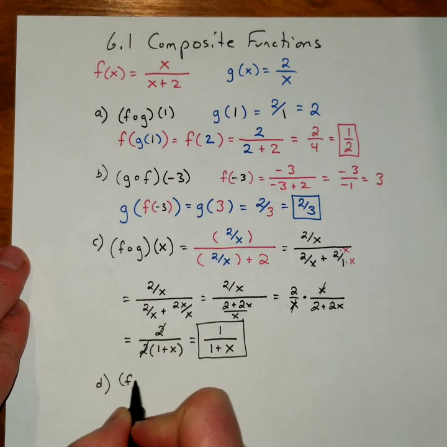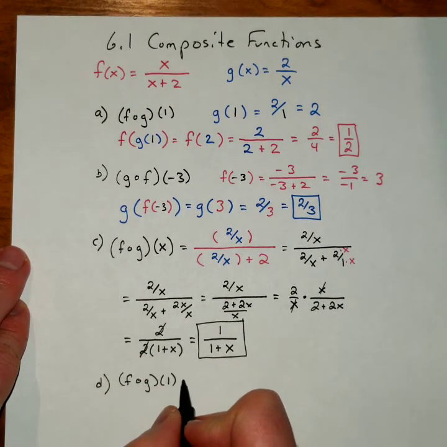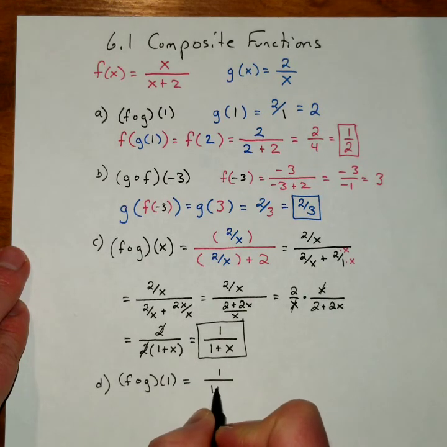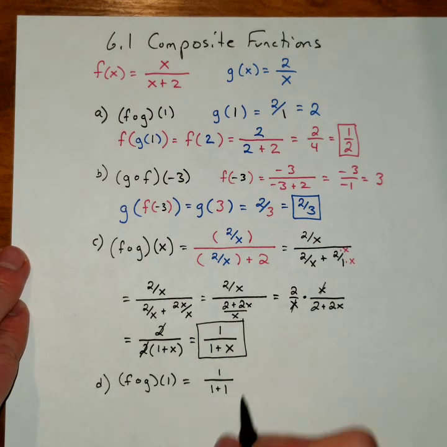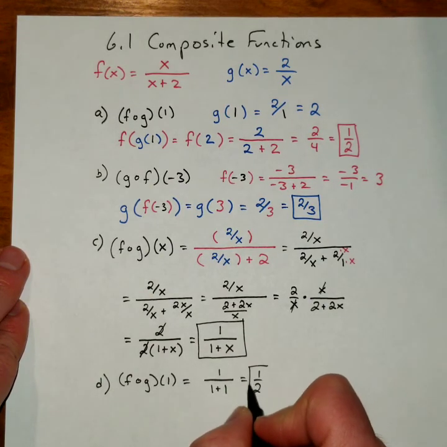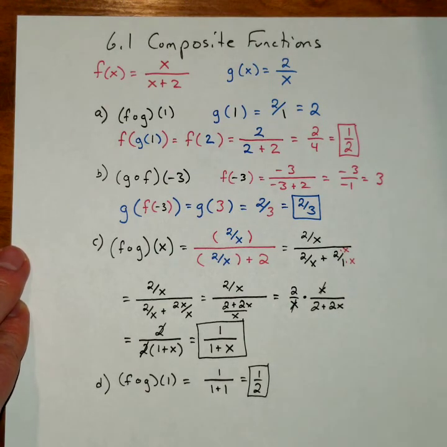Let's do f of g of 1 again, but using this new function. I get 1 over 1 plus 1. And in that case, I get 1 over 2. Which is the same thing we got before, right? 1/2, 1/2, same thing.